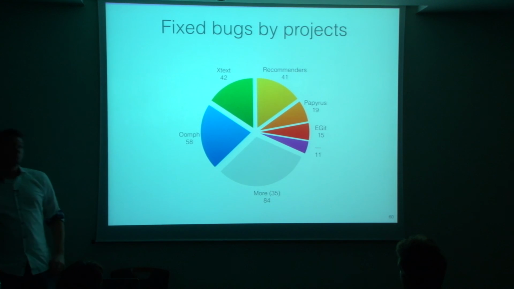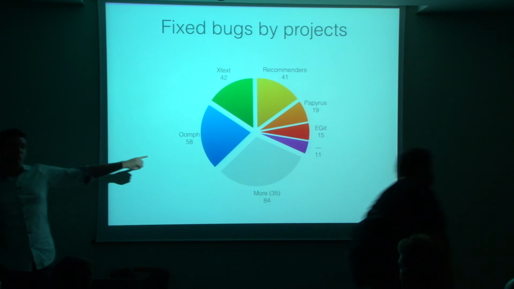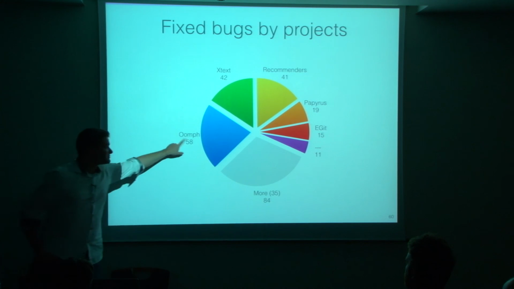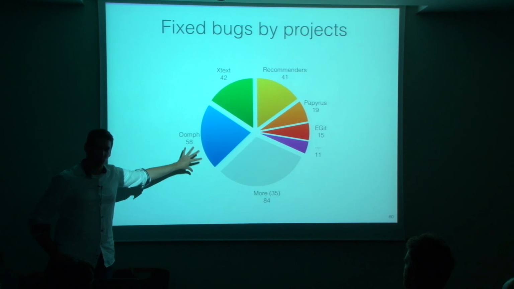There are a few projects performing very well. Oomph is an exciting project that really embraced the way how error reporting works. Xtext as well, so they're doing a really great job. Recommenders itself was performing well. Papyrus, EGit, and a lot of other projects actually using it. And so this is the reason why I ask you not to draw any wrong conclusions out of it.